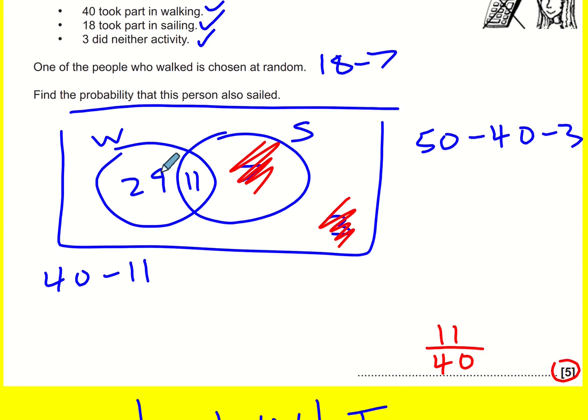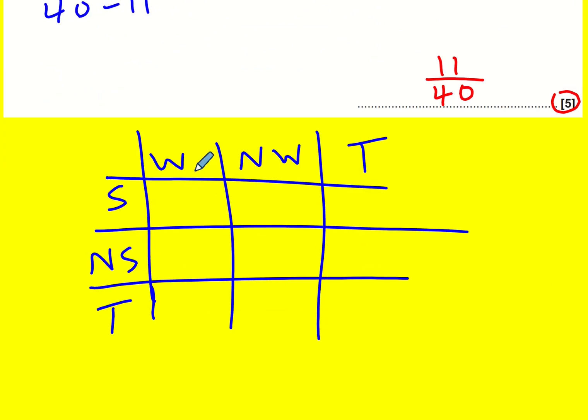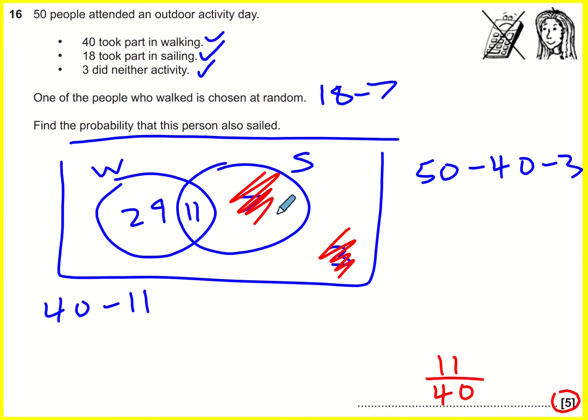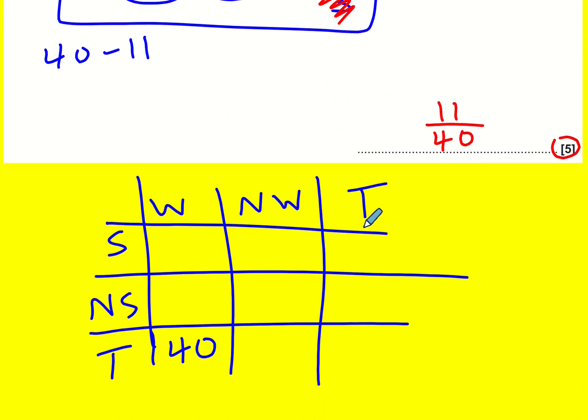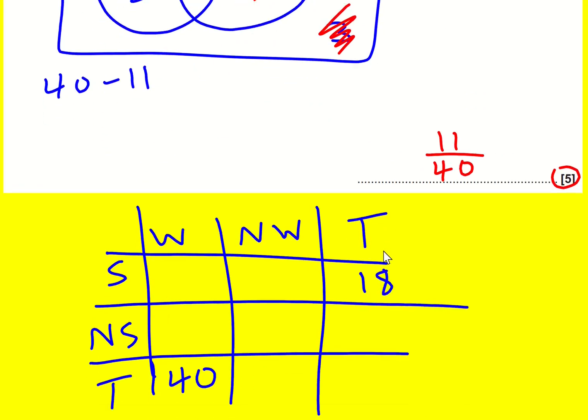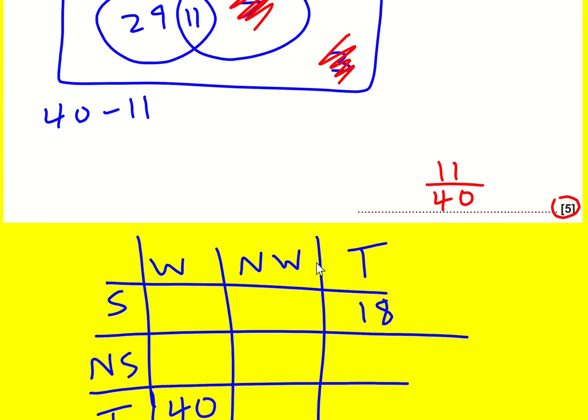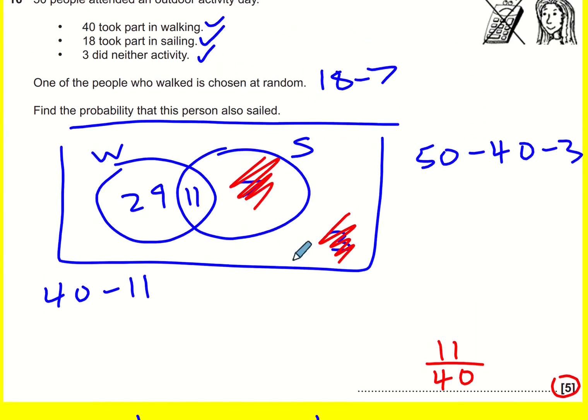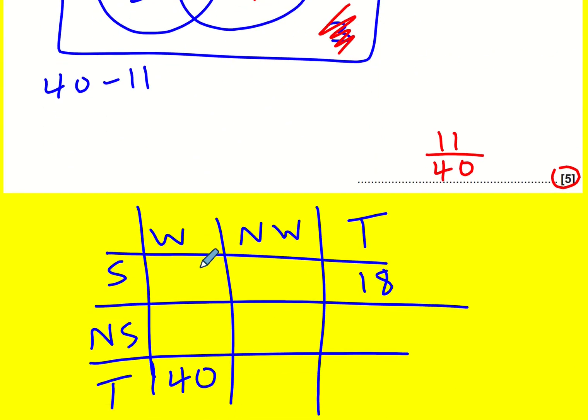So I've got the 40 took part in walking, that's going to go here. I've got 18 took part in sailing. You might think this is an easier thing to fill in. You might not. And 3 did neither activity, so that's going to be here. And then I've got 50 people in total.